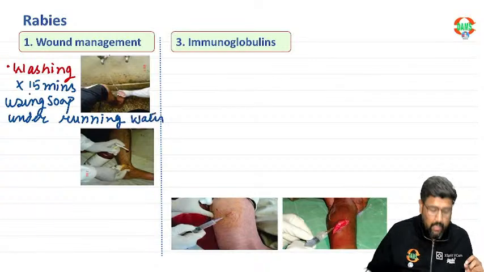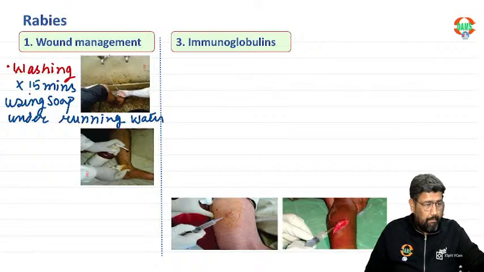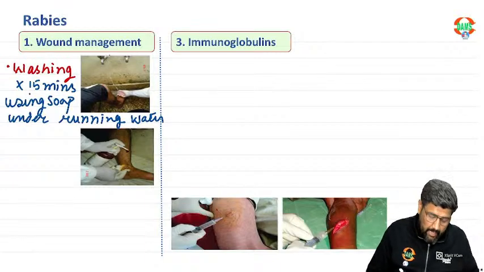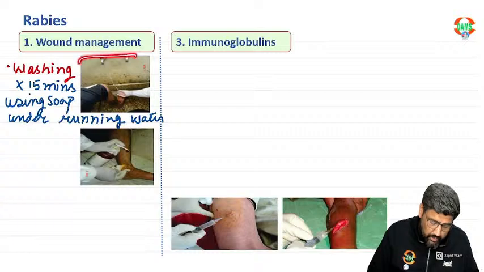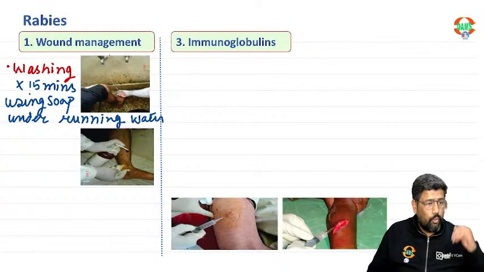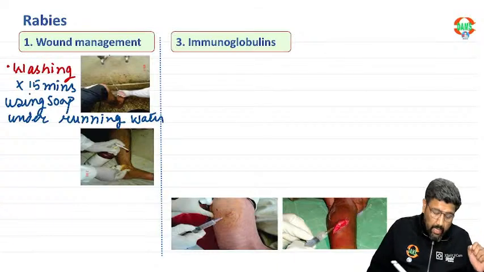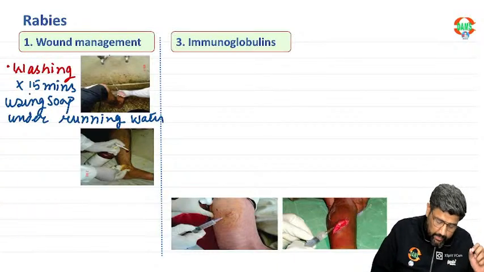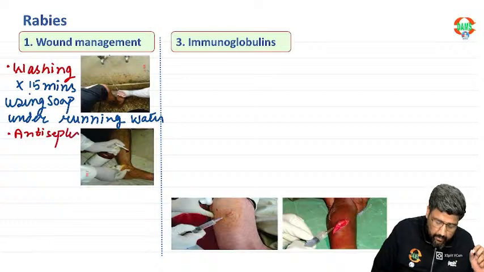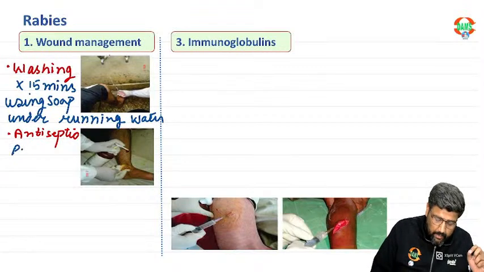Basically we ask the patient to open the tap, as you can see in this image, and with soap we ask them to wash it for 15 minutes under the running water. After washing, we apply an antiseptic. Which one? Povidone iodine.